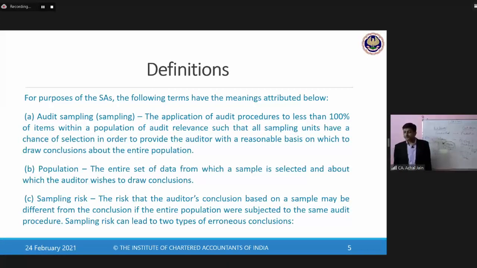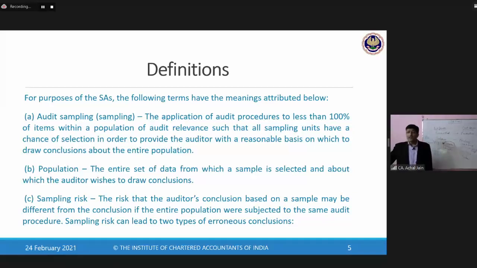Audit sampling, which is also called sampling. So what do we mean by this? Application of audit procedures to less than 100% of items within a population of audit evidence, such that all sampling units, meaning samples, have a chance of selection in order to provide the auditor with a reasonable basis on which to draw conclusions about the entire population.